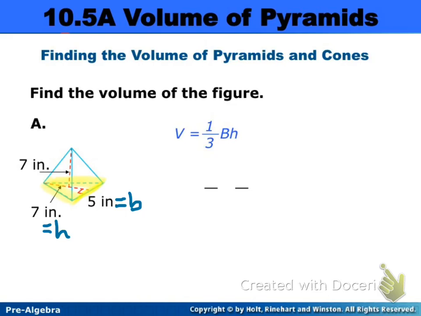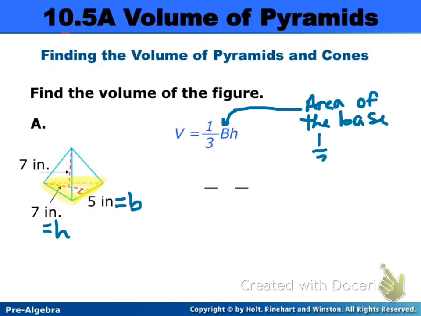So when we look at this right here, this b, that's the area of the base. Since my base is a triangle, I want to use the triangular area formula of 1/2 times the base times the height of that base.